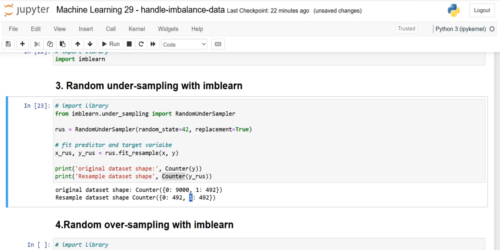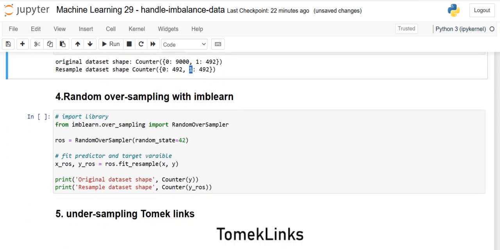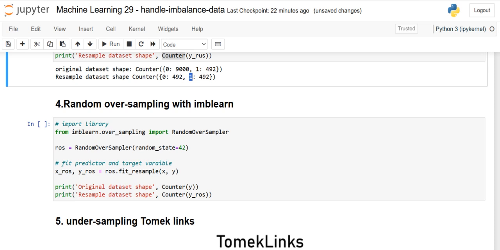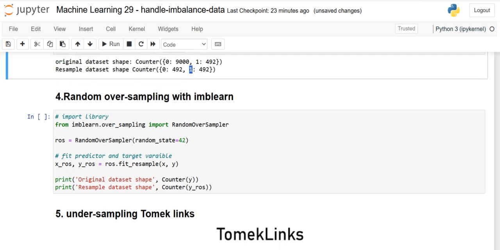And next one, using Imbalanced Learn. One way to fight imbalanced data is to generate new samples in the minority class. The most naive strategy is to generate new samples by random sampling with replacement of currently available samples.